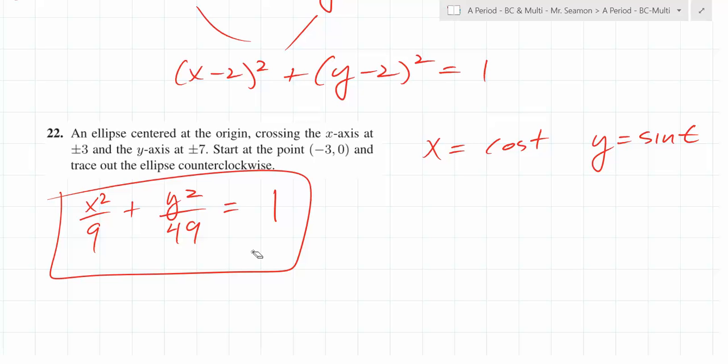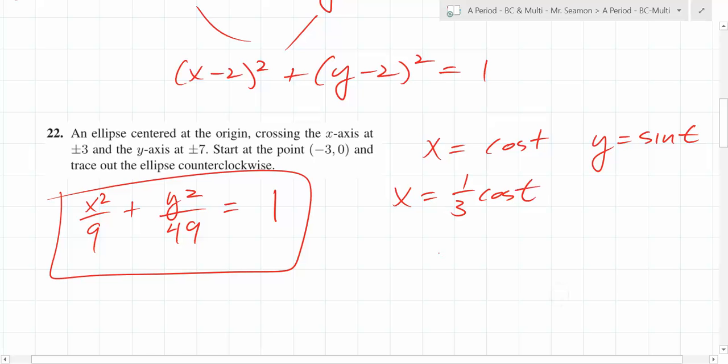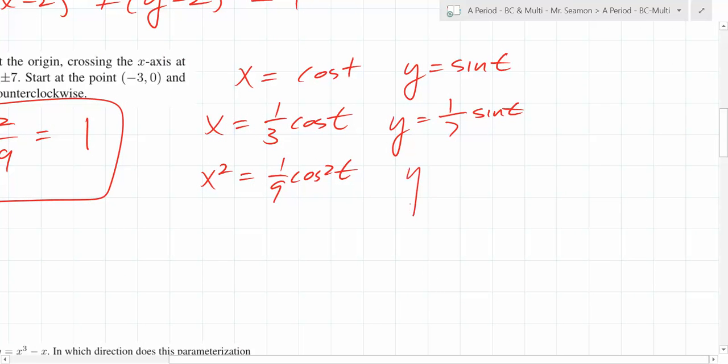So a lot of you might have started with x equals 1/3 cosine t, and y is equal to 1/7 sine t. Now this seems like maybe a good place to start because when you square it, what do you end up with? x squared is equal to 1/9 cosine squared t, and y squared is equal to 1/49 sine squared t.